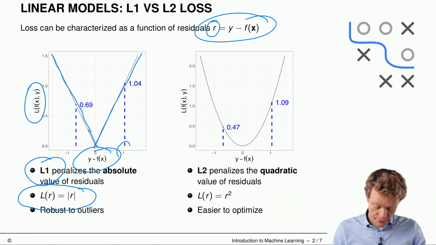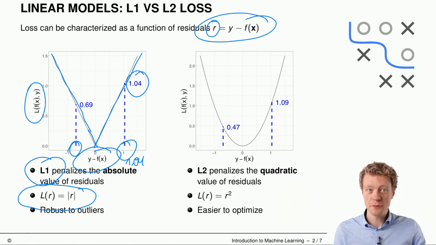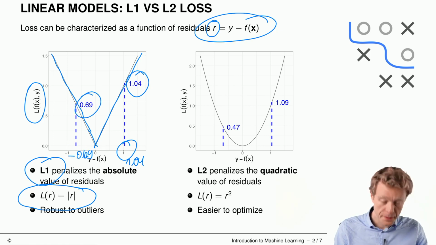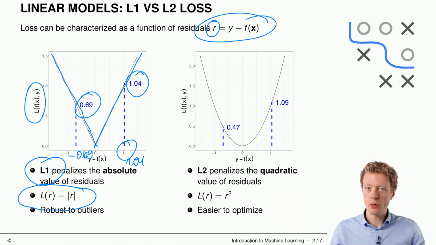So we have two examples here. For x equals 1.04, the loss is 1.04, and for x equals minus 0.69, the loss is 0.69. So that's fairly easy, I guess.